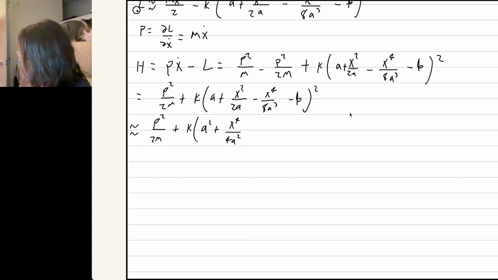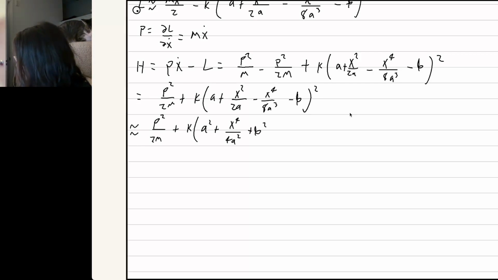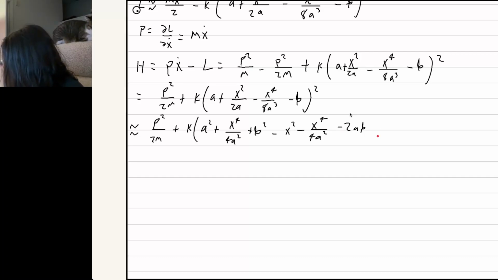All right, so an x eighth term that doesn't matter, a b squared term, a minus x squared over 2, or actually just minus x squared. So minus x squared and a minus x fourth over 4a squared, minus 2ab plus b x squared.